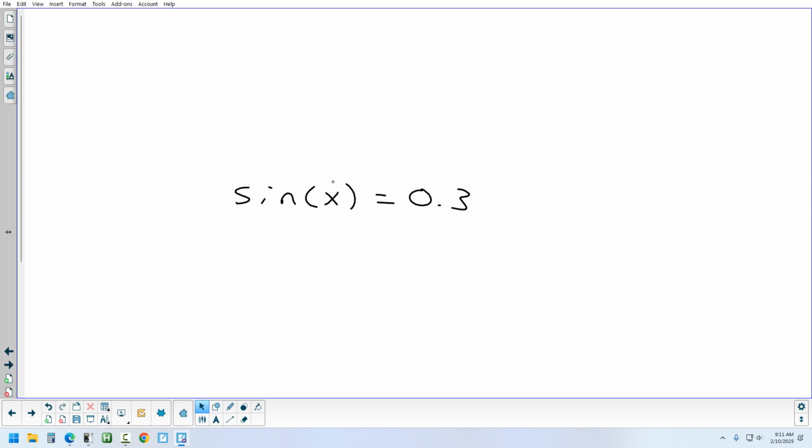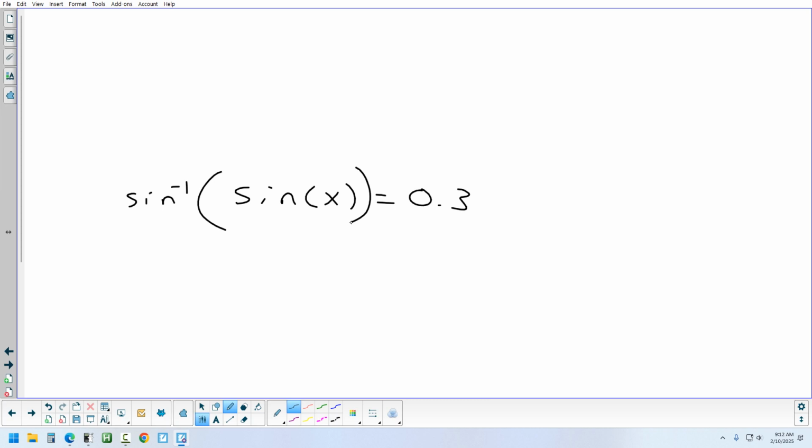Give me a full sentence of what to do. You multiply. No, you can't add, subtract, multiply, or divide to get rid of a function. Looking for a different verb besides multiply. You take the inverse sine of both sides. Yeah, take the inverse sine of both sides.